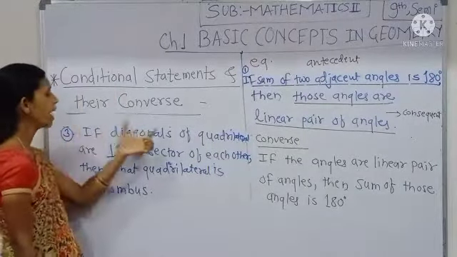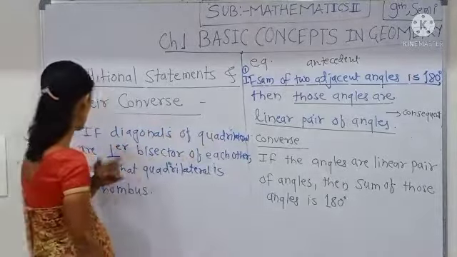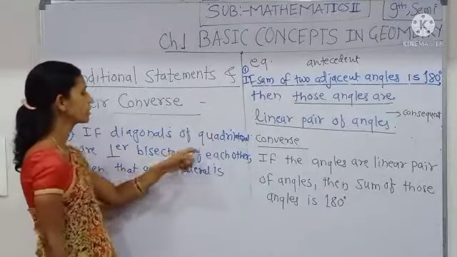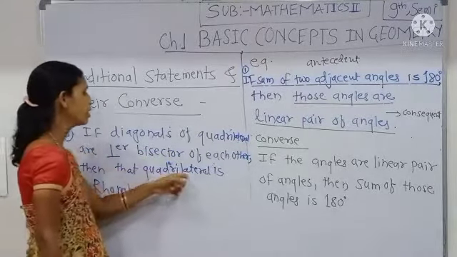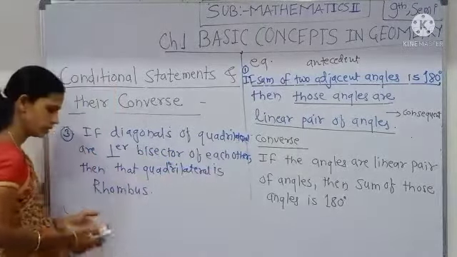One more example of a conditional statement is given here: if the diagonals of a quadrilateral are perpendicular bisectors of each other, then that quadrilateral is a rhombus.